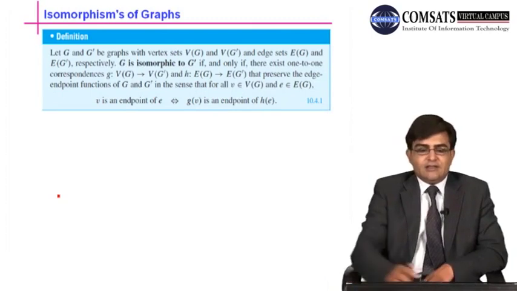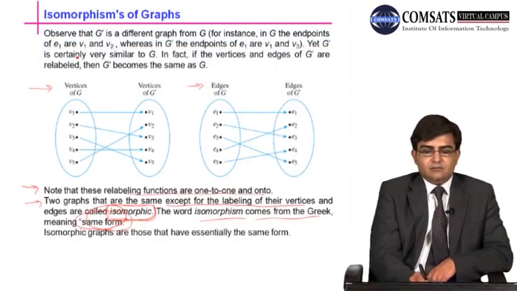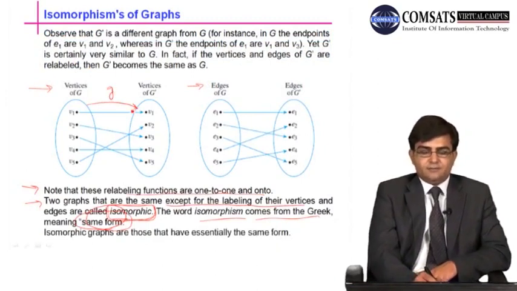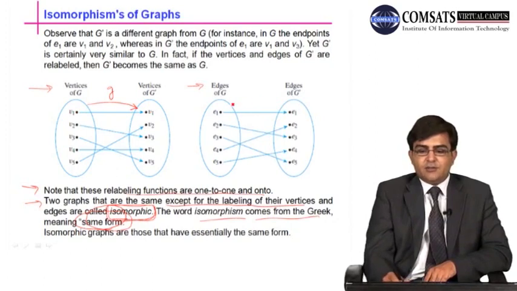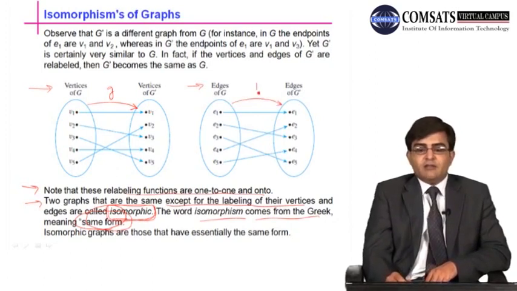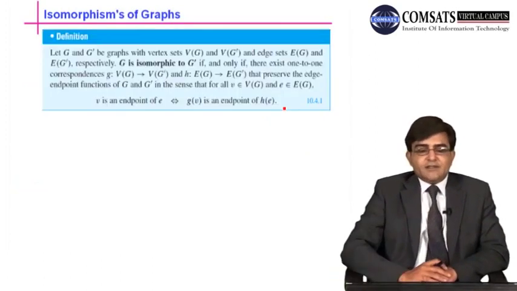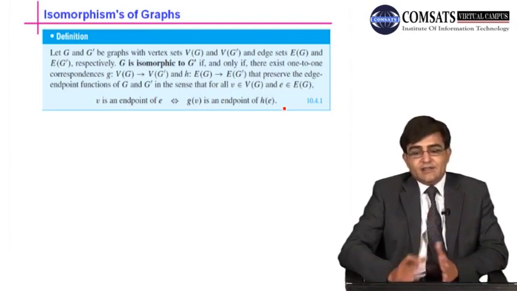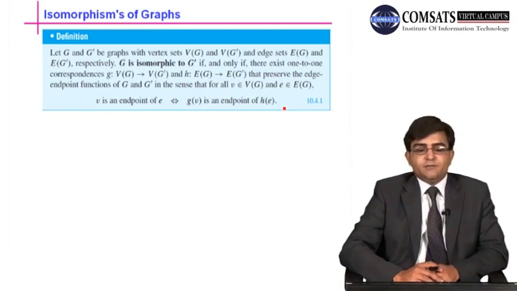For example, here you can say that this is a one-to-one correspondence g from vertices of G to vertices of G dash, and this is a one-to-one correspondence h from the edges of G to the edges of G dash, that preserves the edge endpoint function of G and G dash. What does it mean?